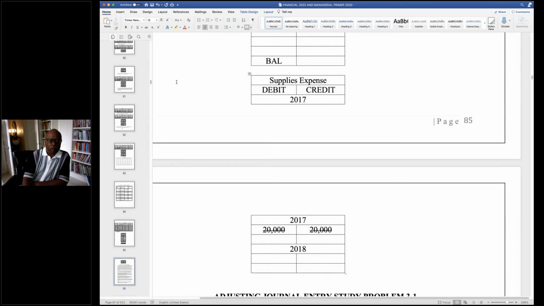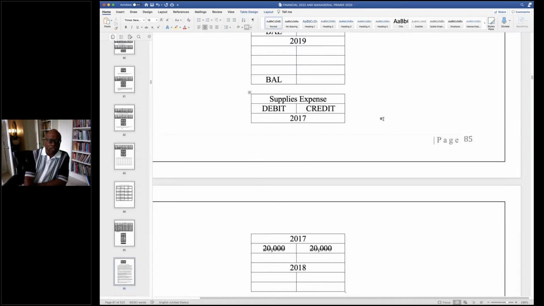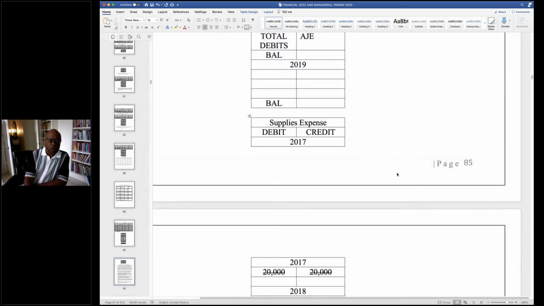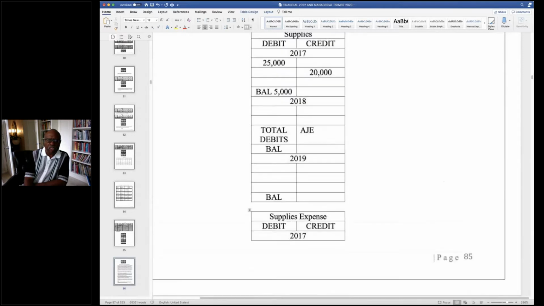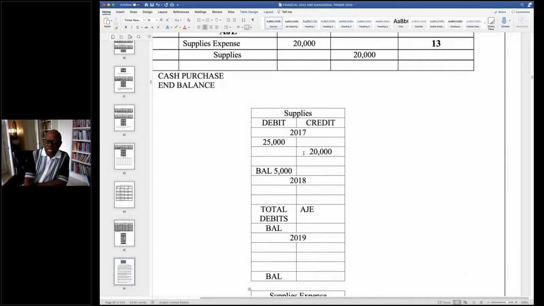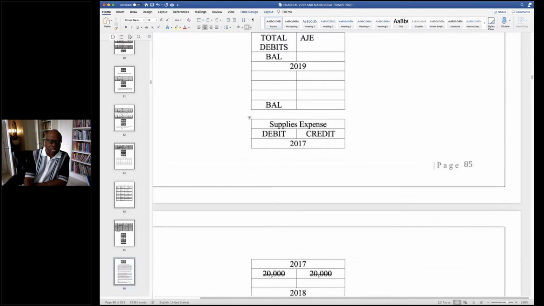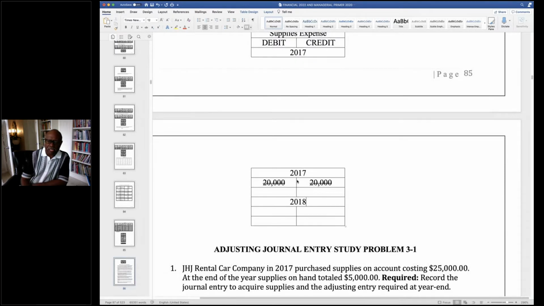So no, you keep the accounts going. One of the things you learn is that when we get ready for 2018, there's nothing in the expense account. There is an amount in the asset account. Any question?